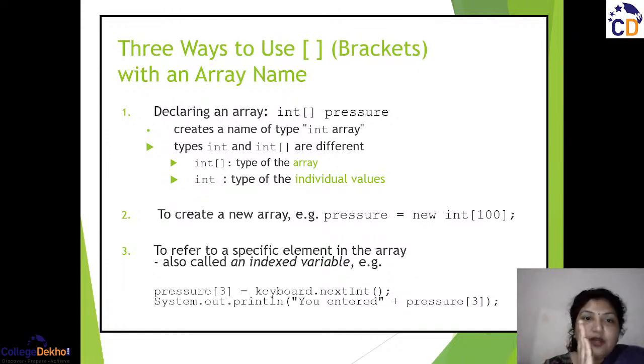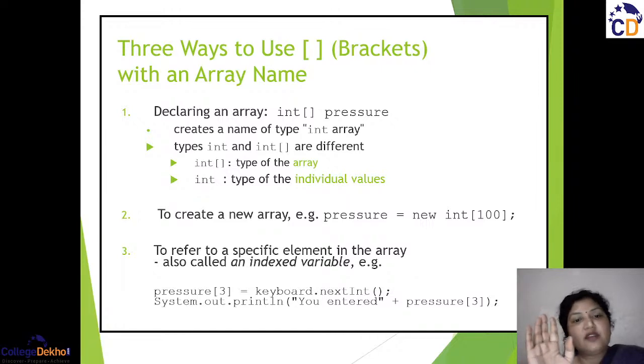One is holding a simple single value, that is type int. Another is holding an array of elements. So when you have square brackets, that means it is an array.